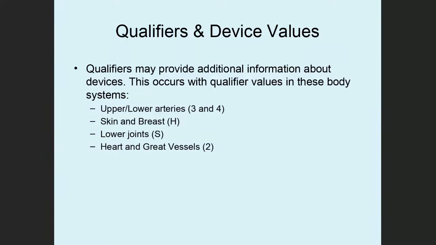So qualifiers may also include additional information about devices. We've talked about qualifiers dealing with approaches and body parts and other areas, but it also includes devices. So qualifiers may provide additional information about devices. And here are some body systems where that occurs: upper and lower arteries, skin and breast, lower joints, and heart and great vessels.